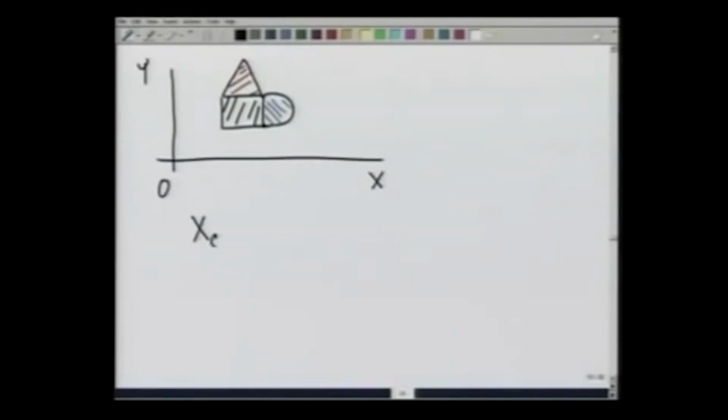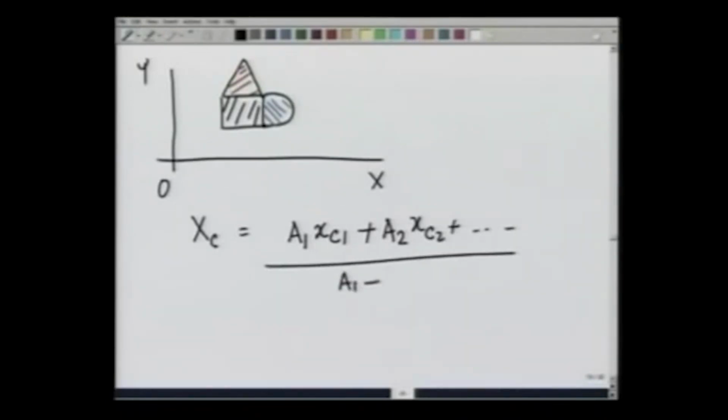x_c of the entire system would be equal to the area of system 1 times its centroid plus area of the second area times x_c2 plus and so on, divided by the total area and so on.